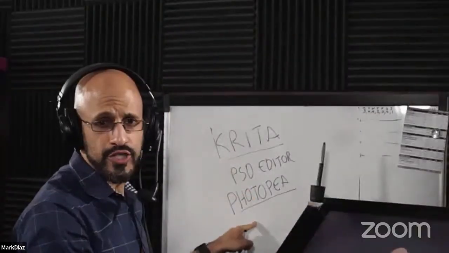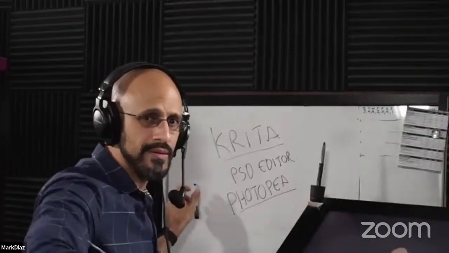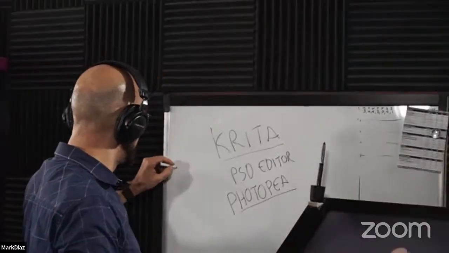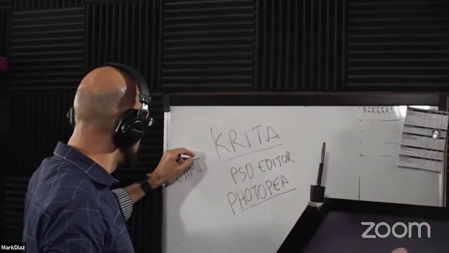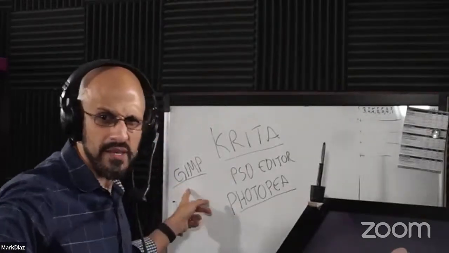Also Photopea. I've actually never used that one. Yeah, Photopea I've used. Photopea is very similar to Photoshop, right? But it's free. So both of them are really cool. GIMP is also another one that's been around for a while. I haven't used this one, but I know people who have done even animation.